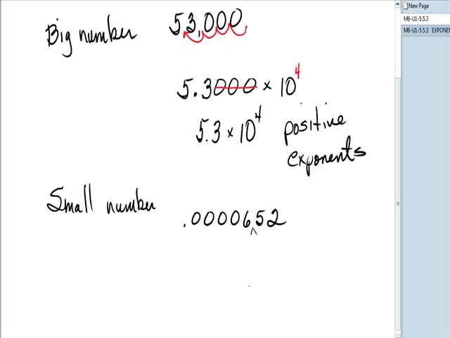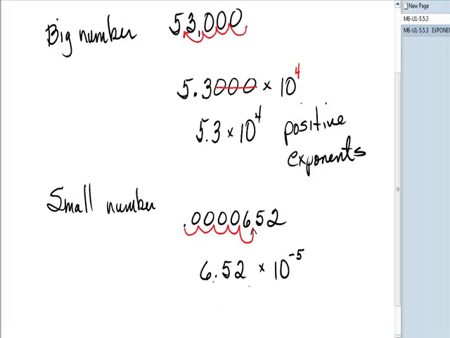To get there, I would have to move the decimal point 1, 2, 3, 4, 5 places. So in scientific notation, this would be 6.52 times 10. Because it was a tiny number and I made it big, to turn it back to a tiny number, I have to multiply by a negative exponent. 1, 2, 3, 4, 5.